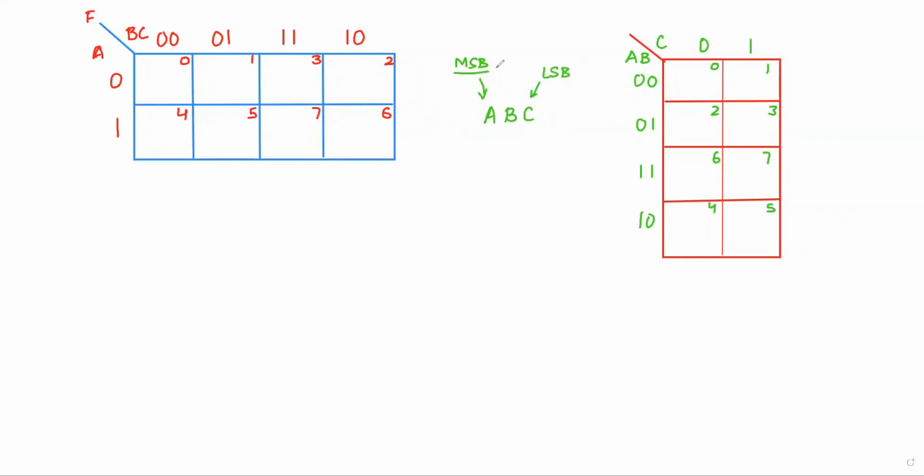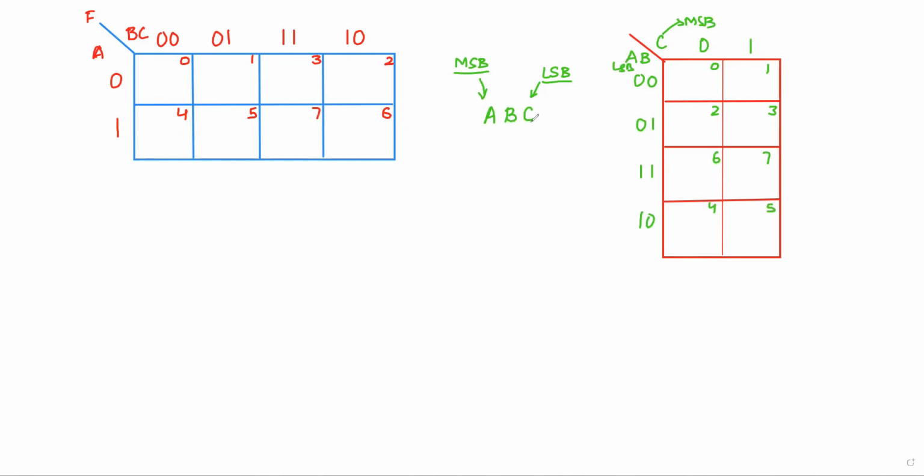So this is your most significant bit and this is your least significant bit. If you treat this as MSB and make A the LSB, then you are going to make errors. Otherwise, there are no chances of making errors if you know that A is MSB and C is LSB.